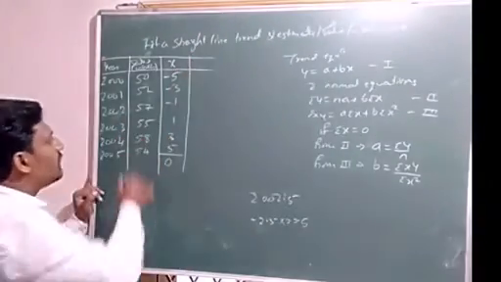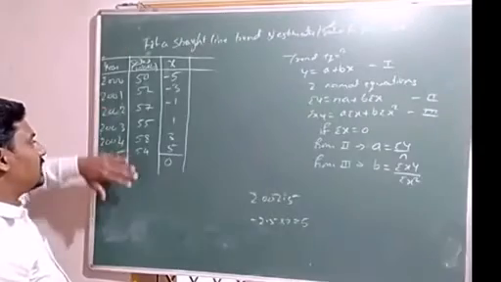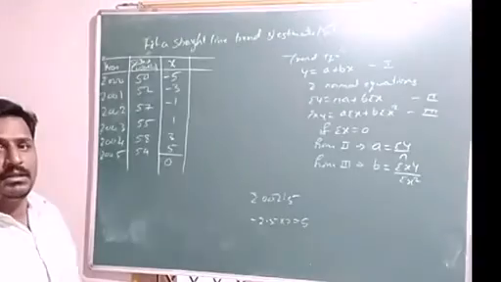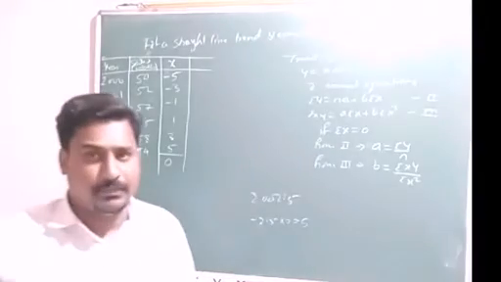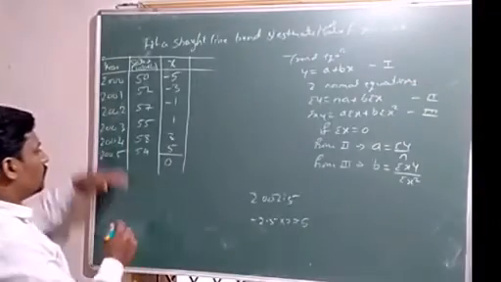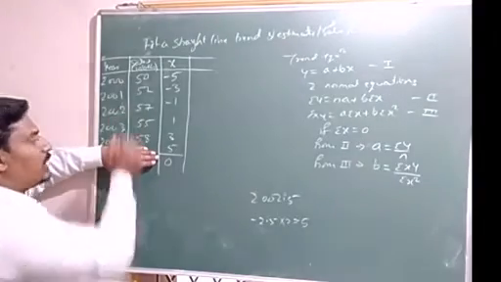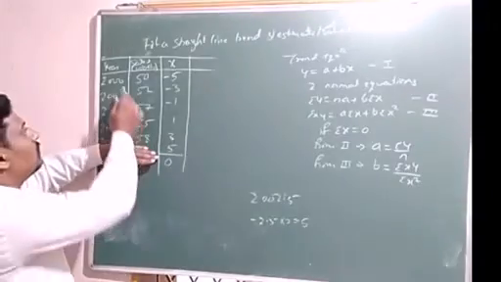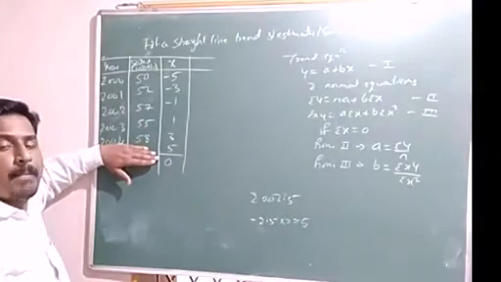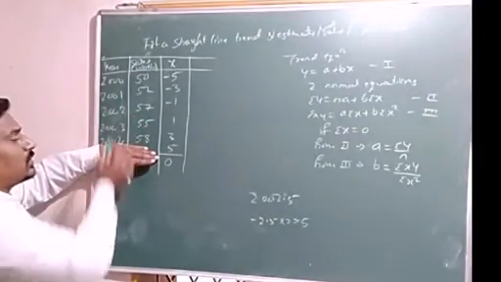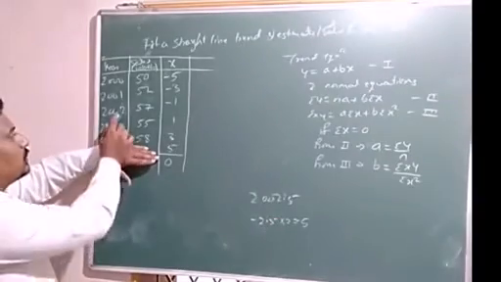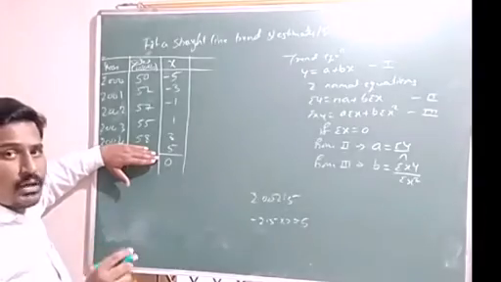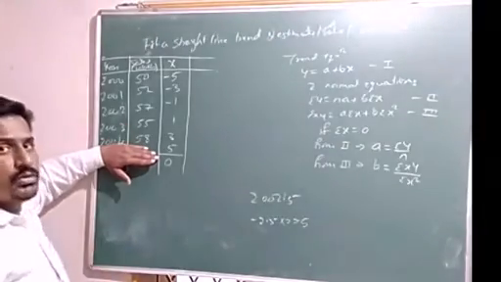If the number of years is odd, so instead of 6 years, suppose we had 5 years or maybe 7 years, then we get exactly a middle year. Suppose 2005 is not there, so we get 2002 as the middle year. Just deduct 2002 from all the years: 2000 minus 2002 is minus 2, 2001 minus 2002 is minus 1, 2002 minus 2002 is 0, 2003 minus 2002 is 1, and 2004 minus 2002 is 2.